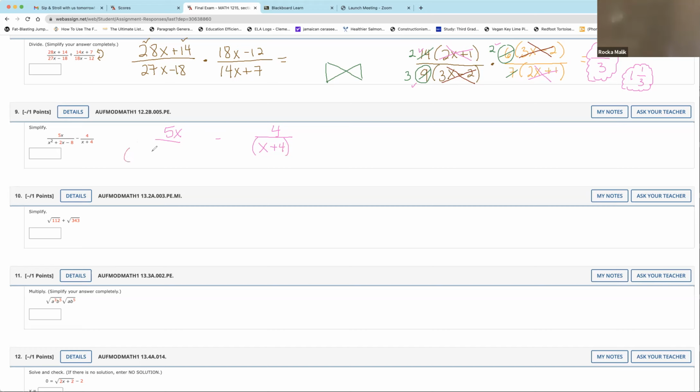And I will factor this into x times x. The second sign is a negative, so that means they have different signs, minus and plus. I need two numbers that multiply to give me 8, but have a difference of 2.